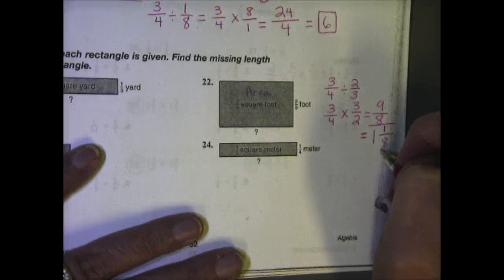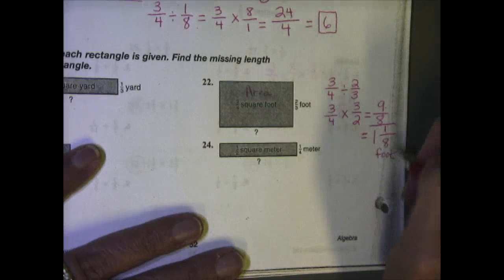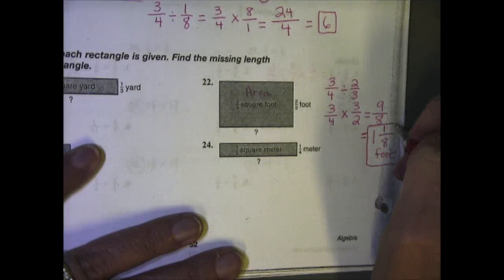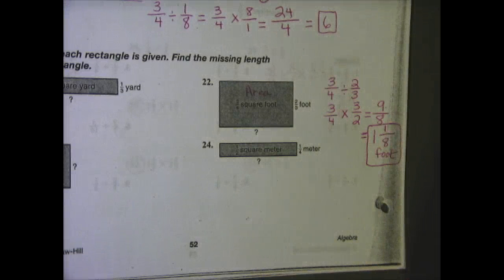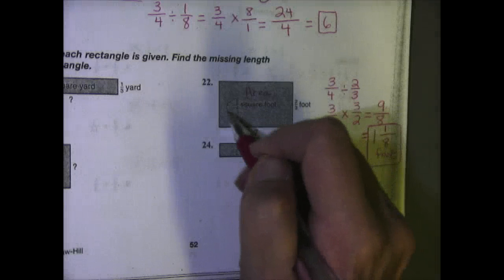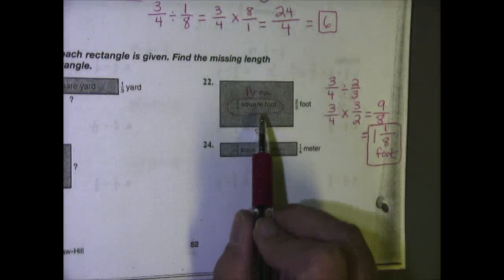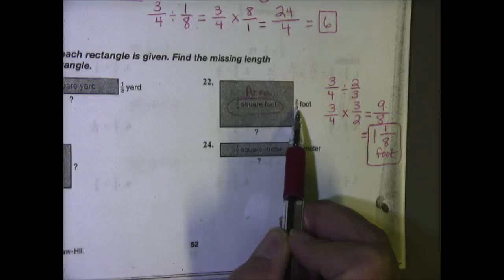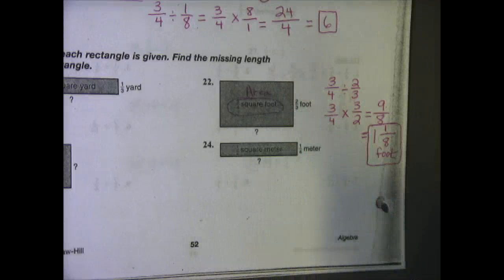So it's going to be 1 1/8 foot for the answer. So if you notice what I did, I took the area, which is in the middle here shown in the rectangle, and I divided it by the side that we know. So you should then be able to do some of those problems on your own.